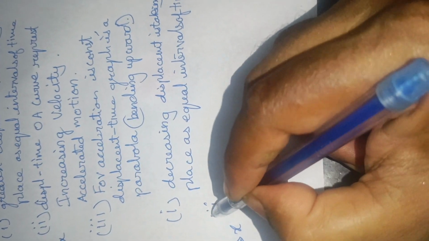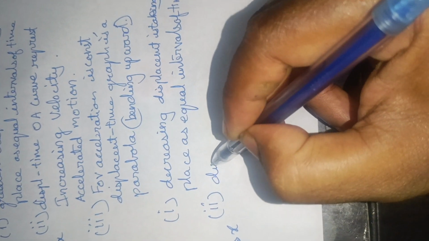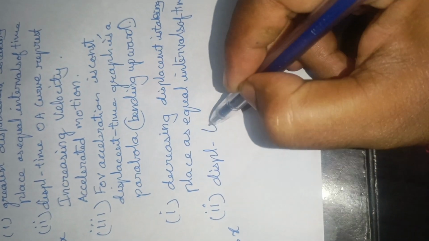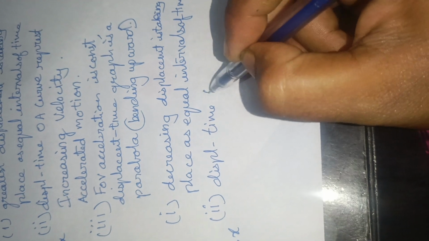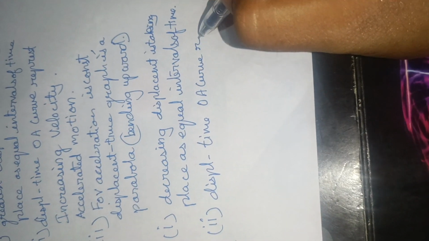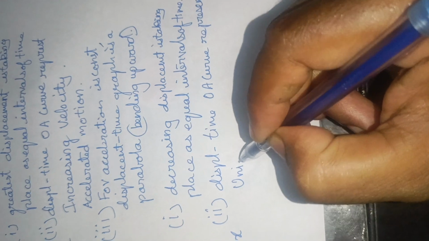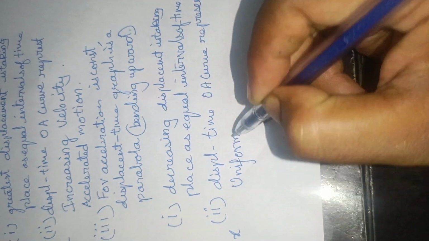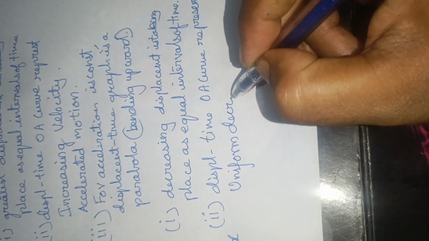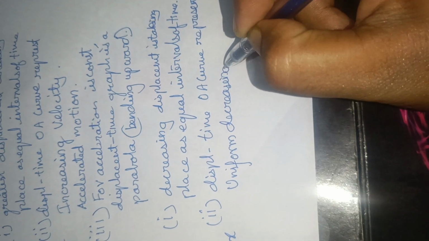And the second thing we can represent here, the displacement time graph OA curve represents uniform decreasing velocity.